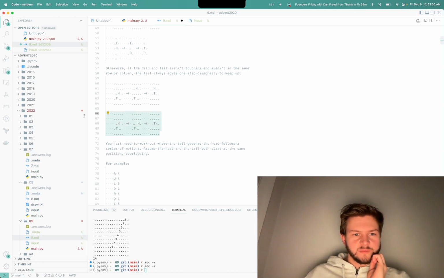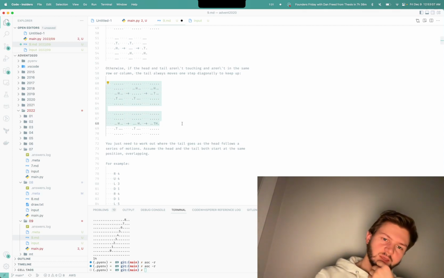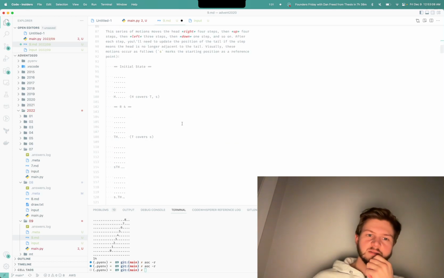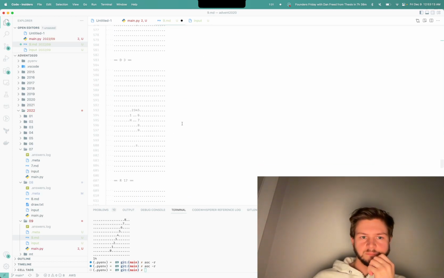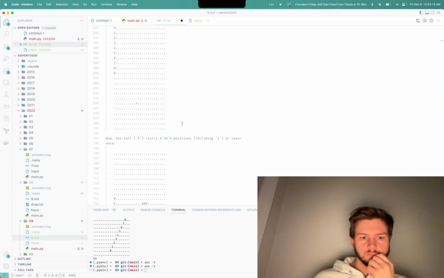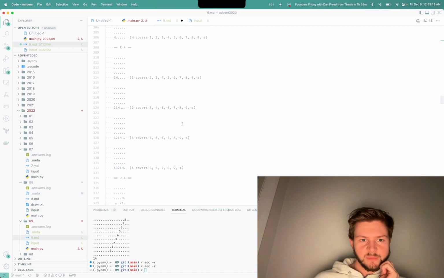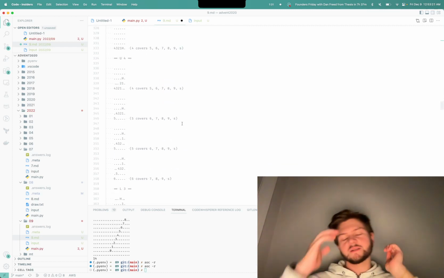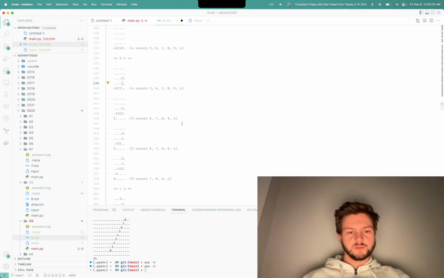I guess it's this one, right? Or rather, this one. No, the thing is, this piece is moving two spots. That's the problem. They didn't model, like, they're not telling you what happens to the spots.